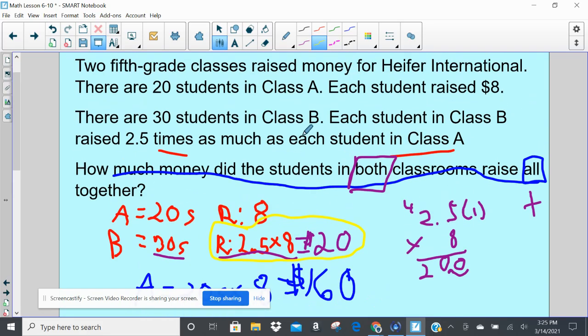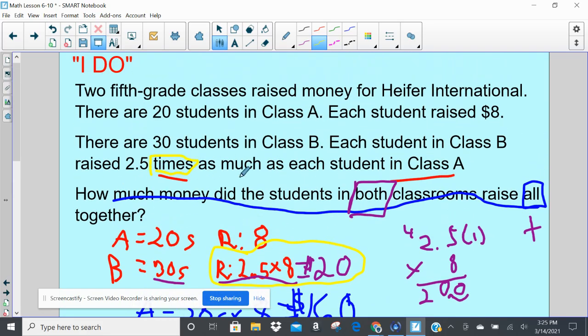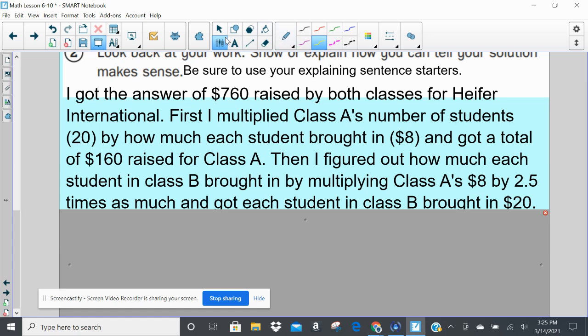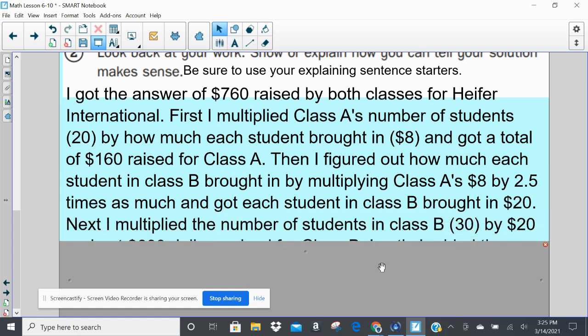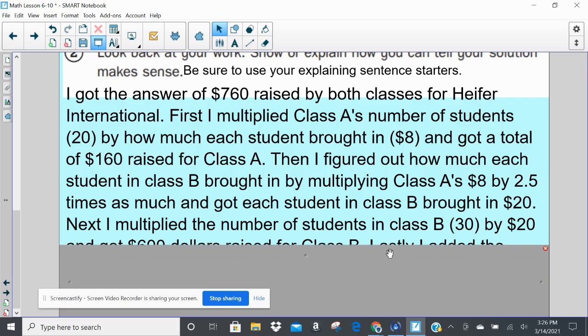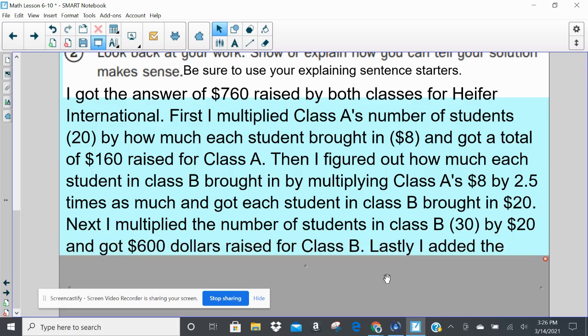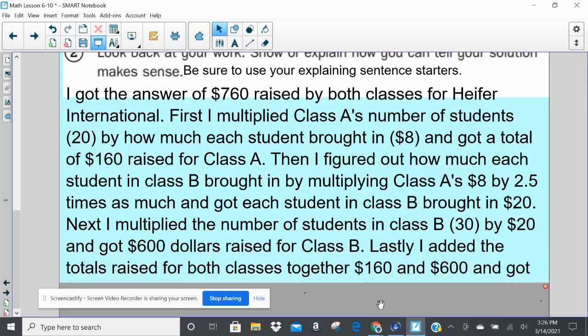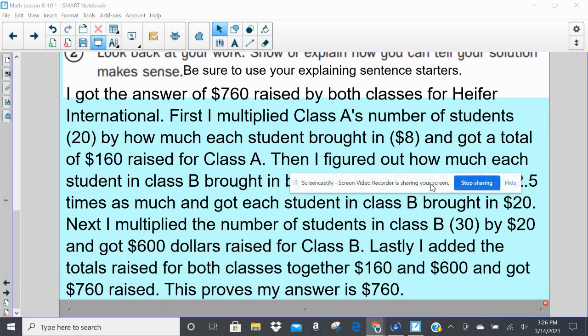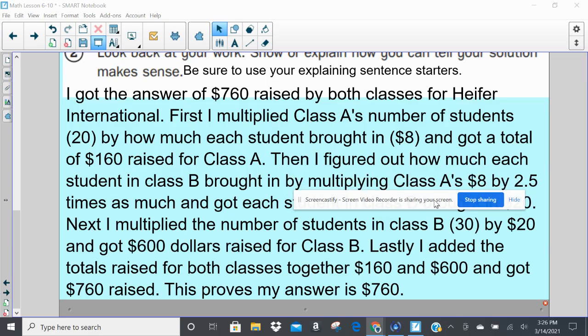It said two and a half times as much, so I had to multiply it by two and a half, and I got $20. Next, I multiplied the number of students in Class B, which was 30, by 20 and got $600 raised for Class B. Lastly, I added the totals raised for both classes together, $160 and $600, and got $760 raised.